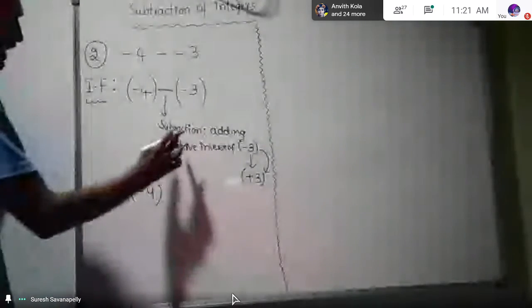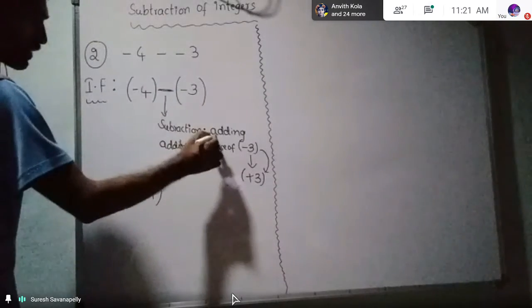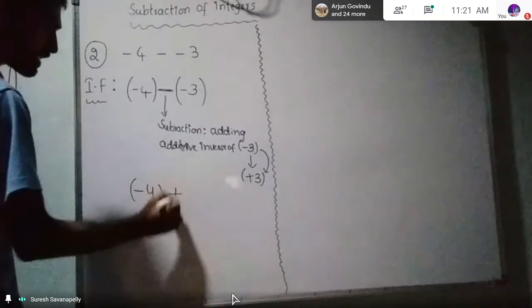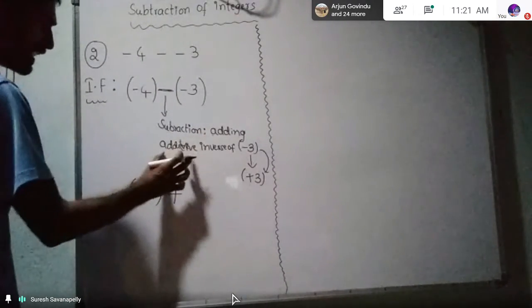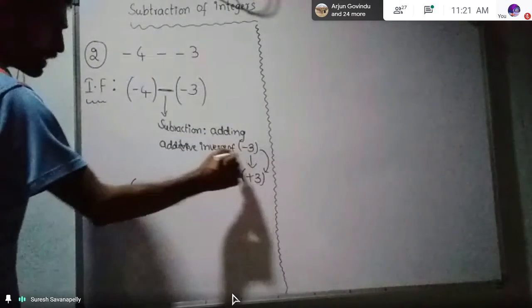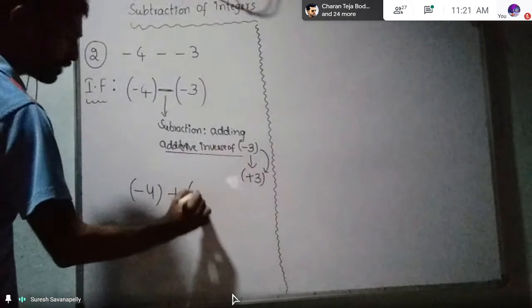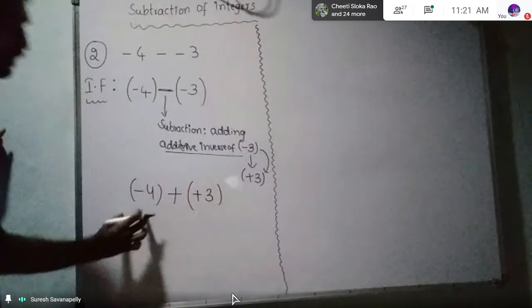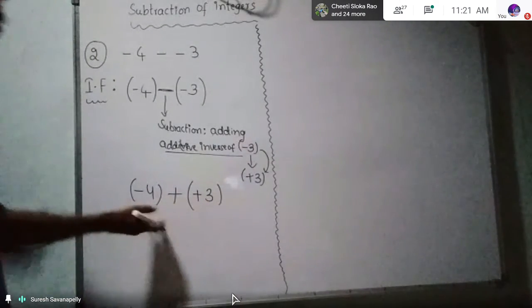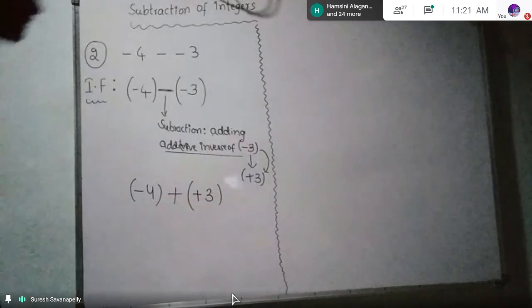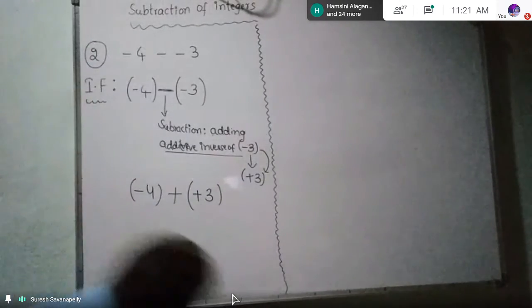Minus. Subtraction means what? Minus means adding. Adding means plus. Adding additive inverse of -3. What is the additive inverse of -3? It is +3. So write +3. Now can't you do -4 plus +3? Again it is addition only, so you can do addition very simply. How?